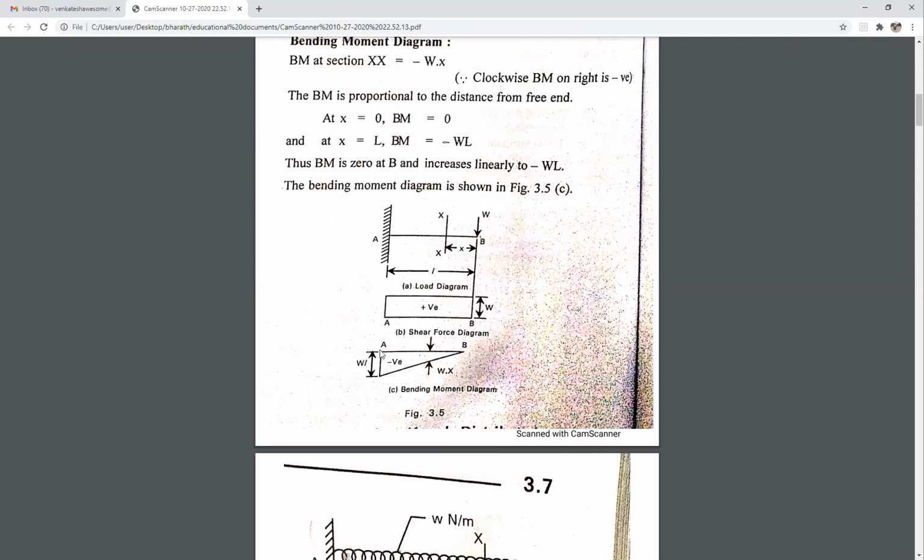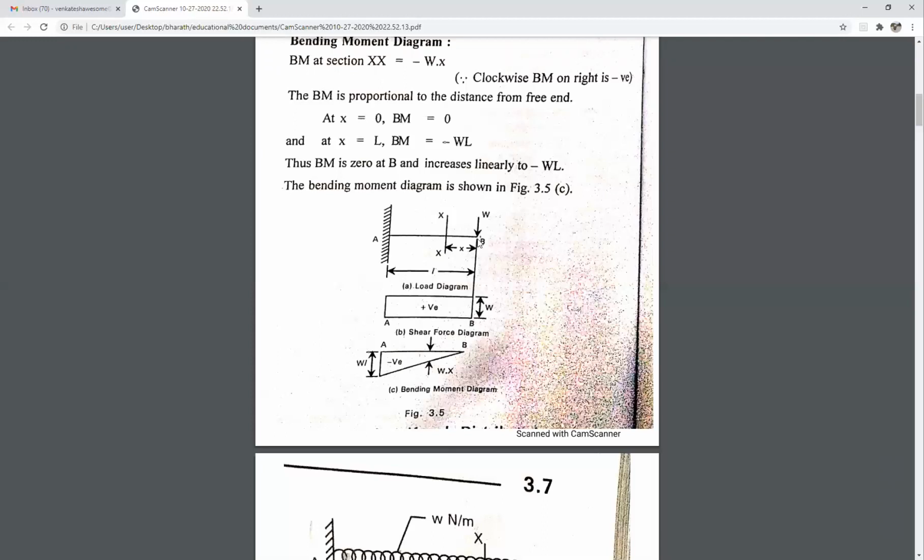While coming to bending moment, AB is the baseline. From B, we have a negative bending moment, an inclined straight line. Why are we taking it as positive for the SFD and negative for the BMD?